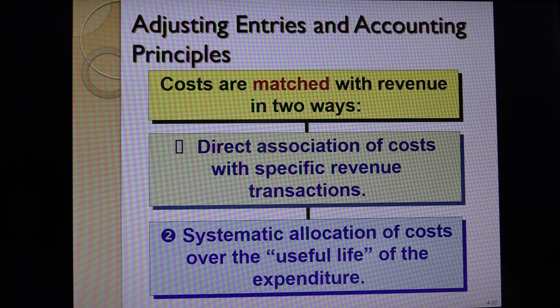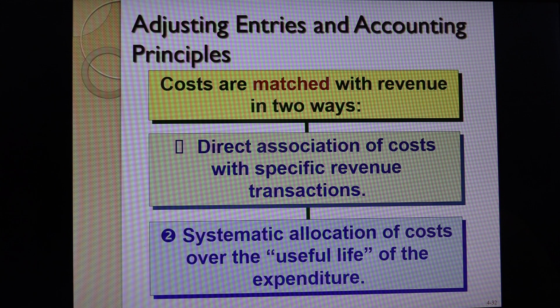Of course, if there's a direct association of costs with the specific revenue transactions, I mean, that's pretty easy. For instance, sales rep salaries for the year. Well, that's directly correlated to the revenues generated for that year. So that's pretty easy to figure out. Others, not so easy.